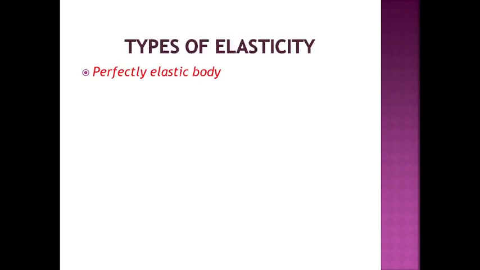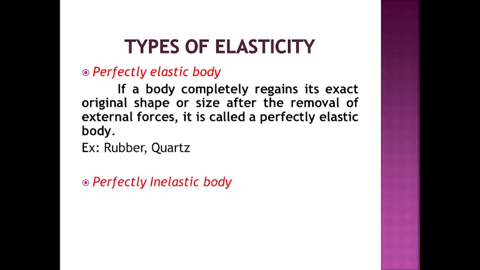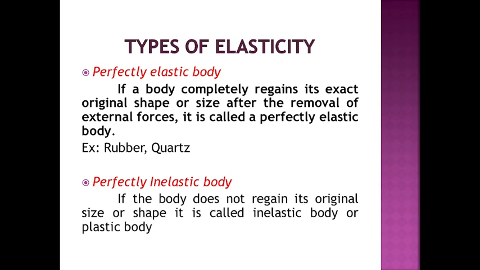There are two types of elasticity: perfectly elastic body and perfectly inelastic body. How can we define a perfectly elastic body? If a body completely regains its exact original shape or size after the removal of external forces, it is called a perfectly elastic body, as we know, for example rubber or cords.